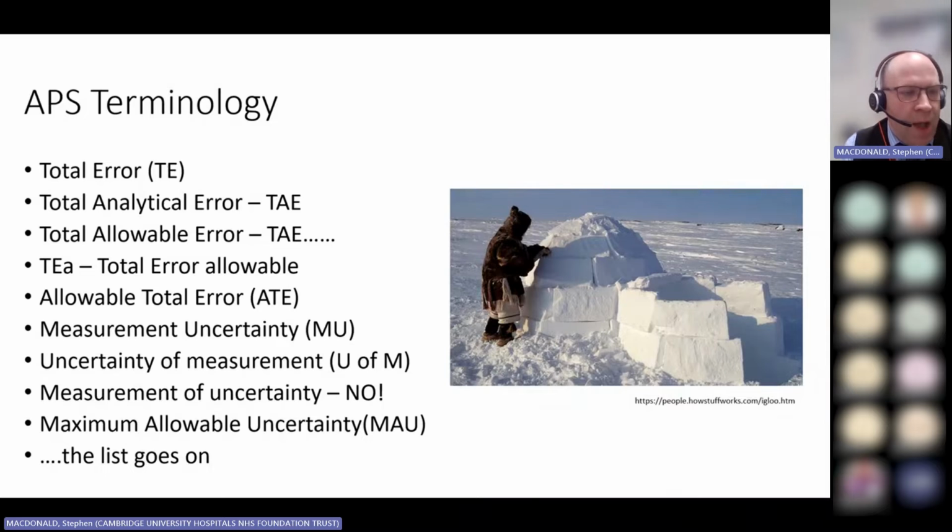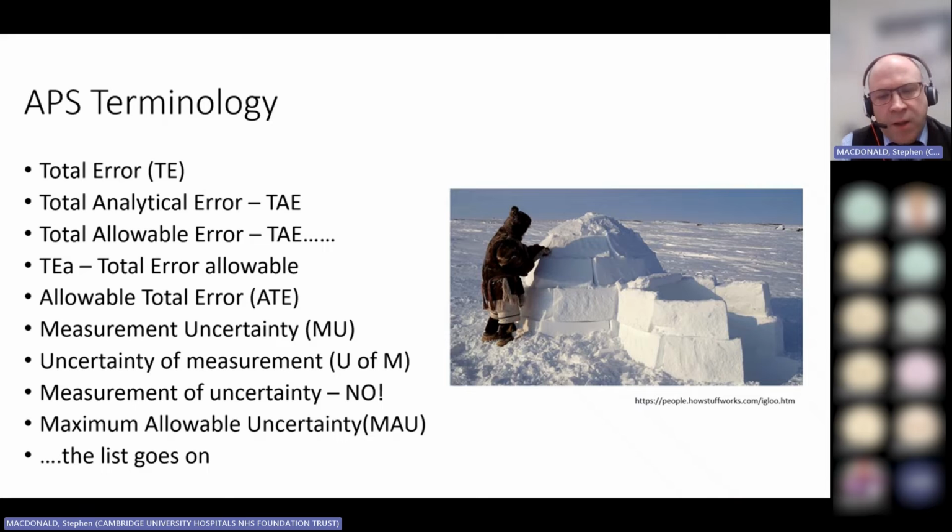So total error, total analytic error. Based on total analytic error, we can define a target that we set, which is called total allowable error, or is also known as total error allowable or allowable total error. It gets very confusing. There's lots and lots of different terms used.